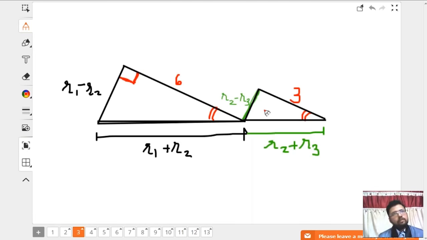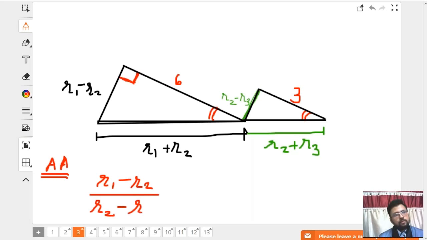So can we say that R1 minus R2 divided by R2 minus R3 is equal to R1 plus R2 divided by R2 plus R3.